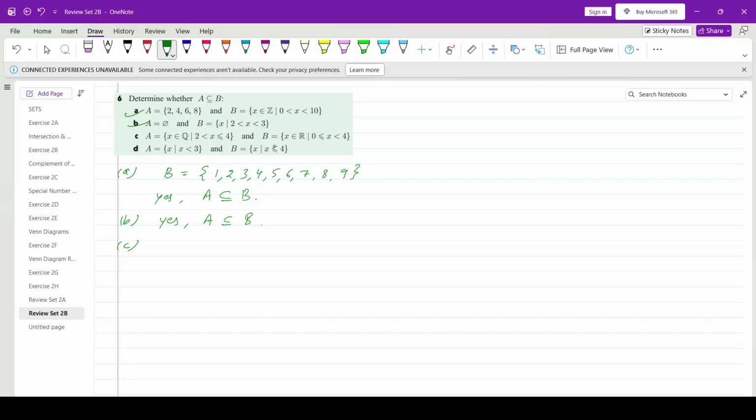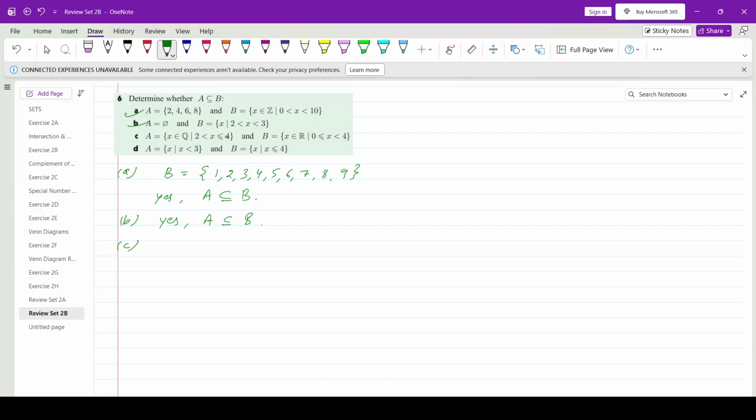A is this set, B is this set. So B is a set of real numbers between 0 and 4, including 0. And A is a set of rational numbers between 2 and 4, including 4.